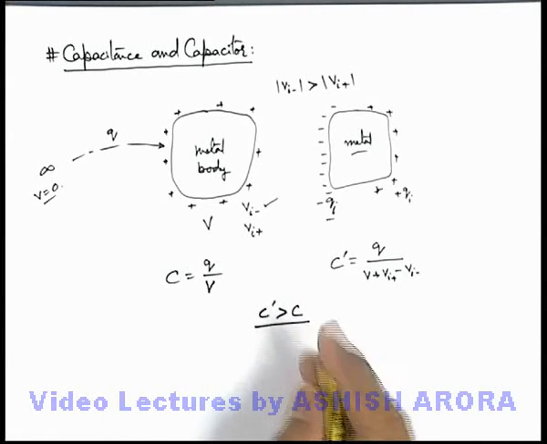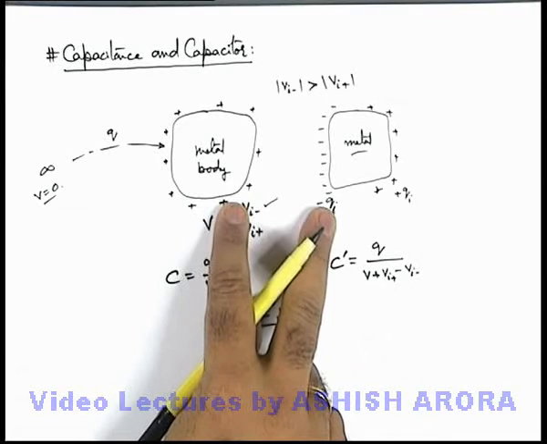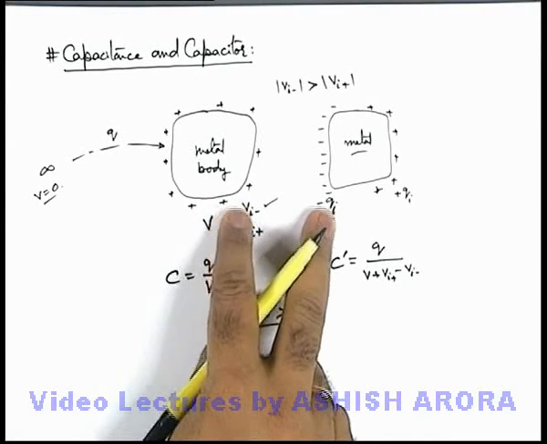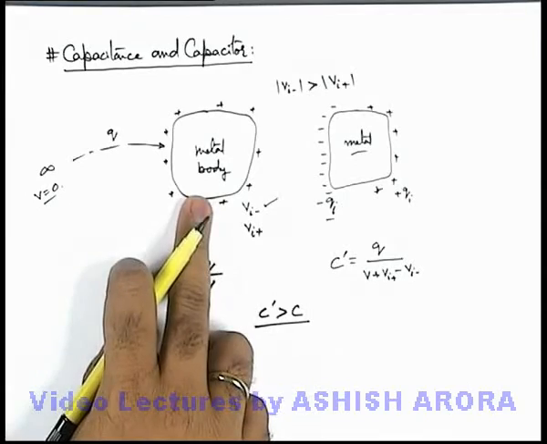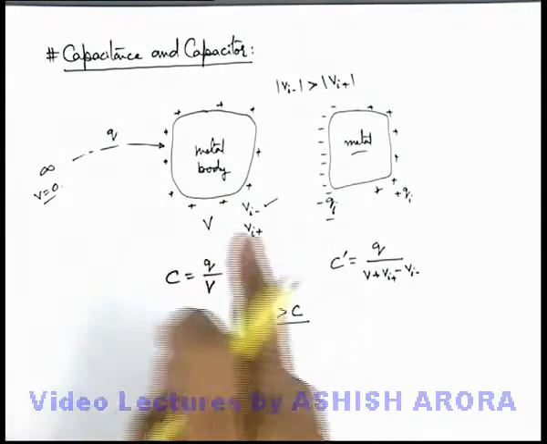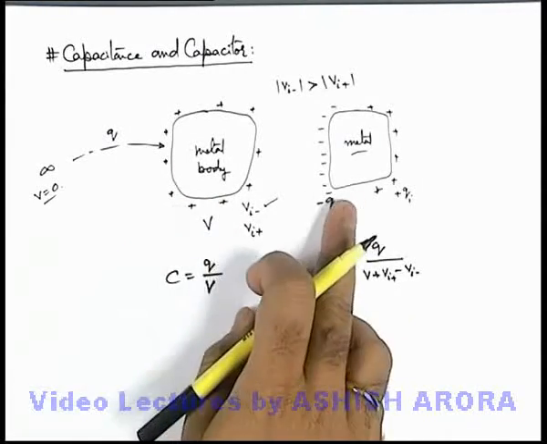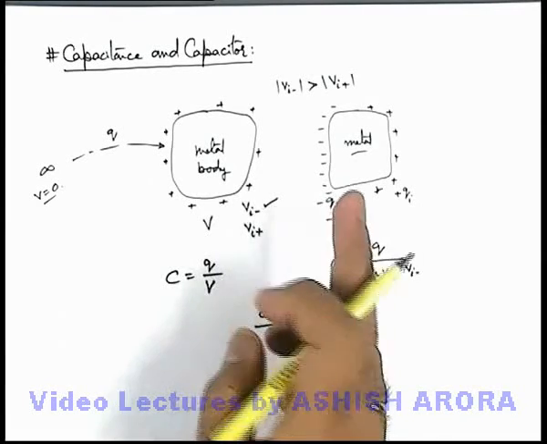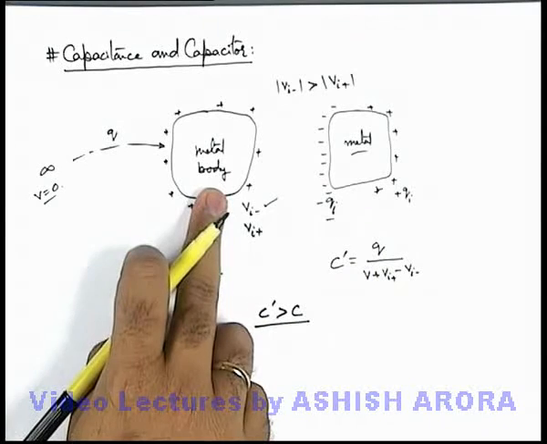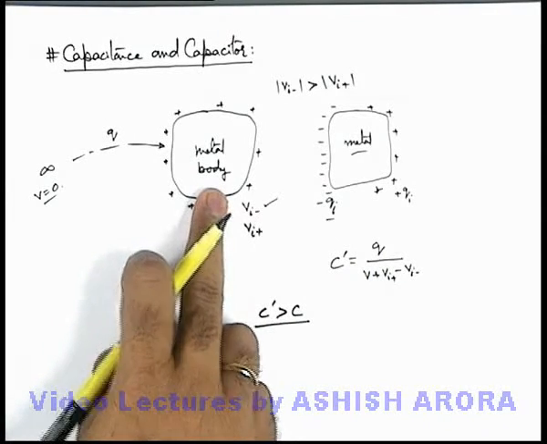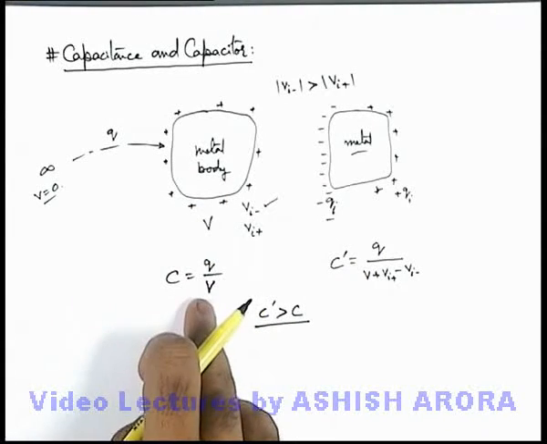Or we can say in this situation, when two conductors are placed nearby and one has been supplied some charge, the capacitance of this conductor in its surrounding will be more compared to the case when the other body was absent, because the nearby body is producing a negative potential onto the first body, due to which its potential further decreases.